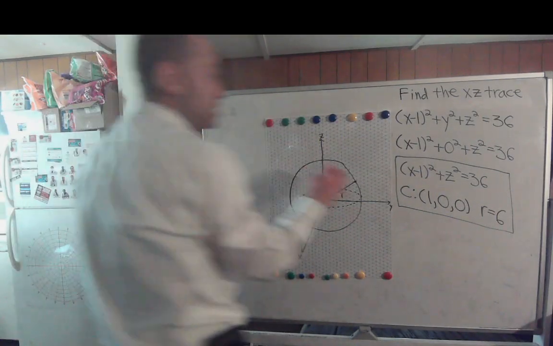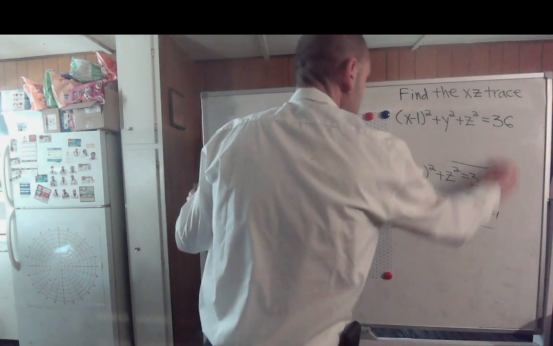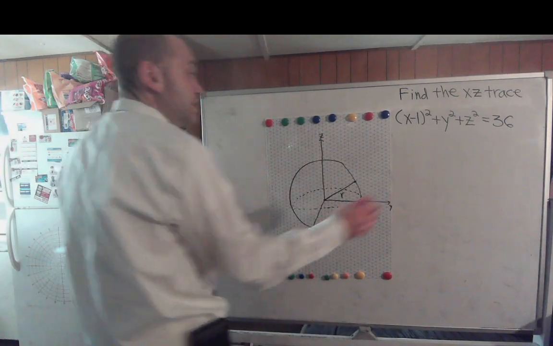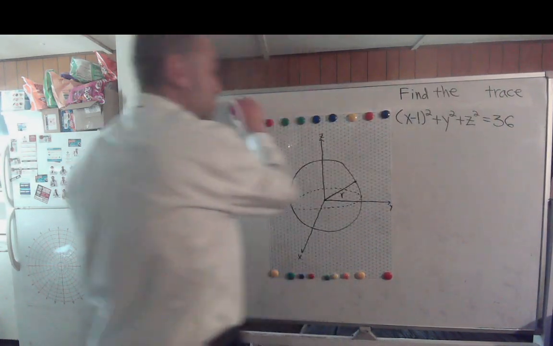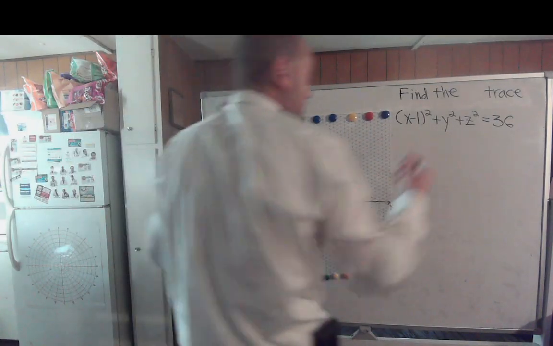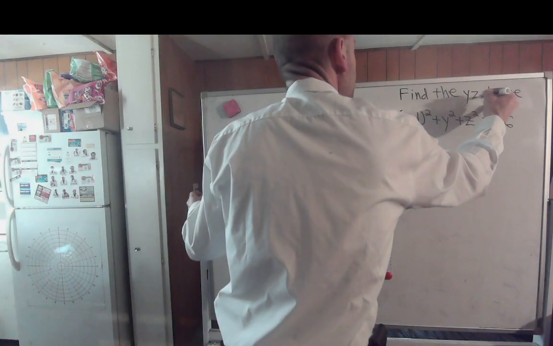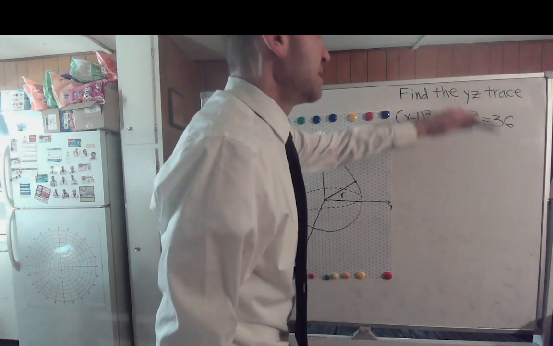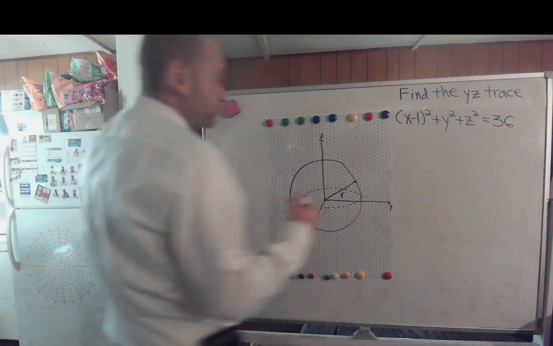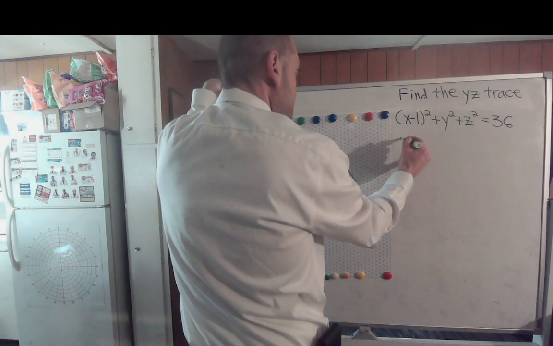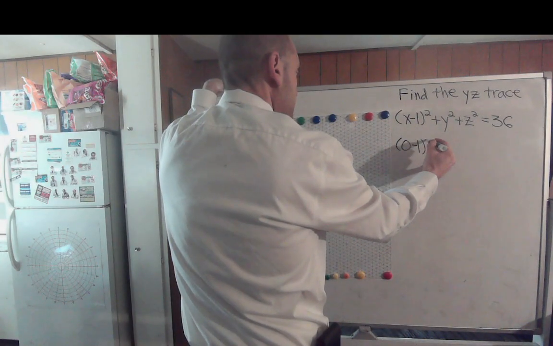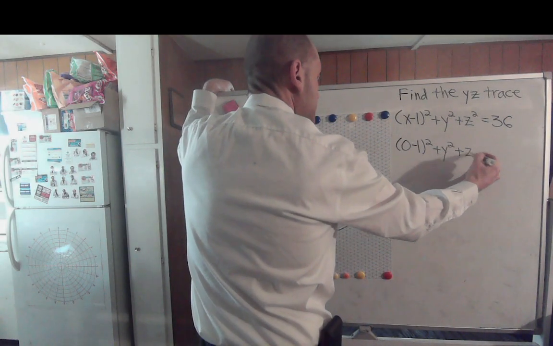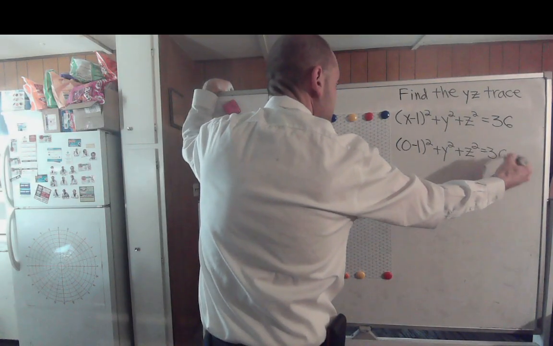And then, of course, we're going to find a yz trace. Something I should warn you about is that finding these traces, when you get a circular projection in the plane, can change the radius of the circle. So let's find a yz trace of this circle. That means we have to set x equal to 0. So (0 − 1)² + y² + z² = 36.